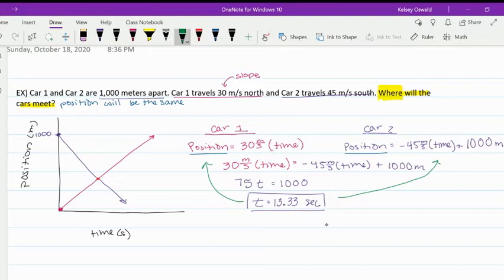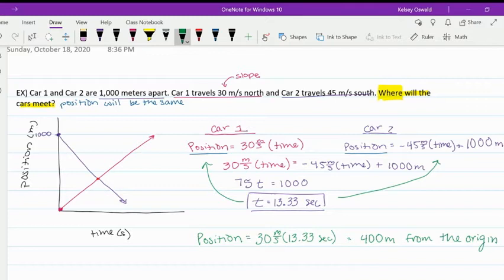So we can just use the equation for car 1. Their position is equal to 30 meters per second times our 13.33 seconds. And we'll find that our cars will meet at a position of 400 meters from the origin.